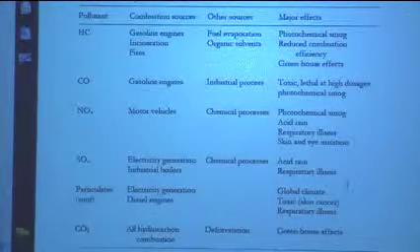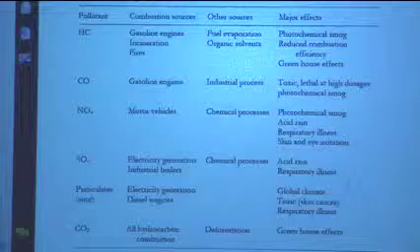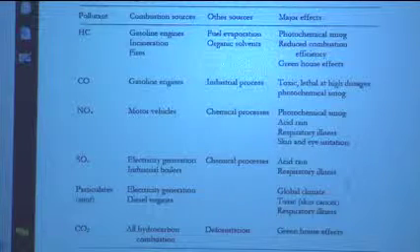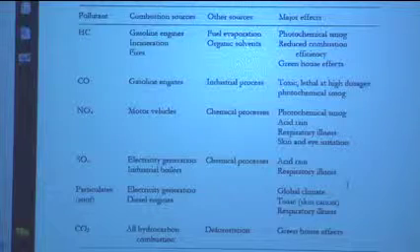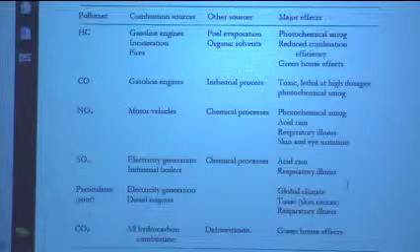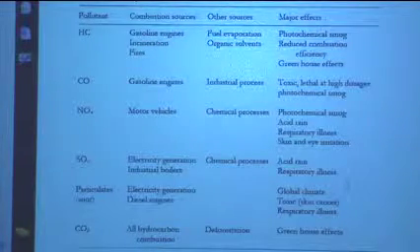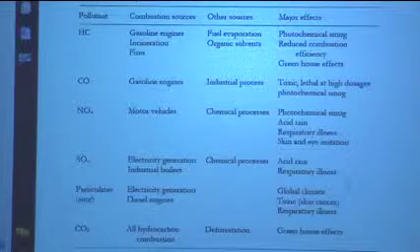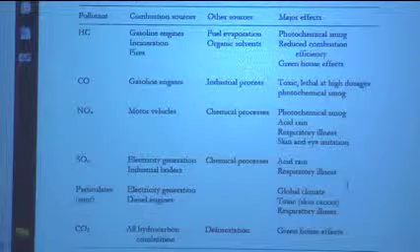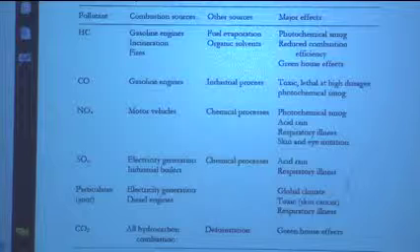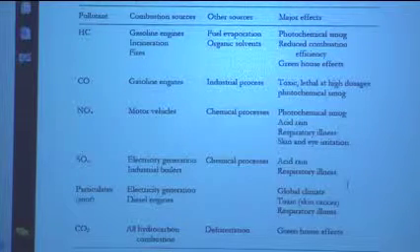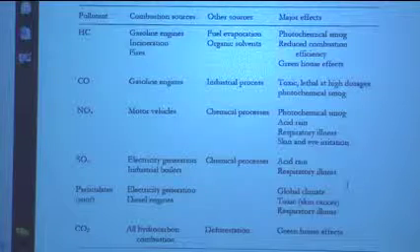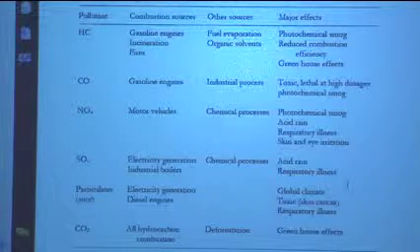Unburned hydrocarbon comes mostly from gasoline engines. Its major effect is photochemical smog and the greenhouse effect. Carbon monoxide from gasoline engines. Nitrogen oxides, also from motor vehicles, mostly cause photochemical smog, and to a smaller extent, acid rain. Sulfur oxides is mostly a problem associated with coal combustion.